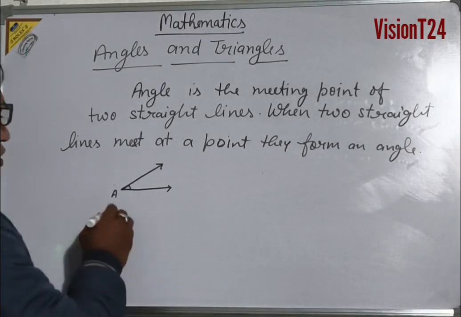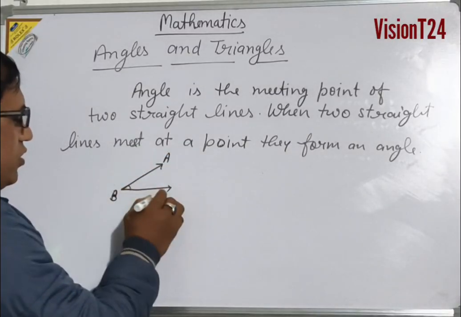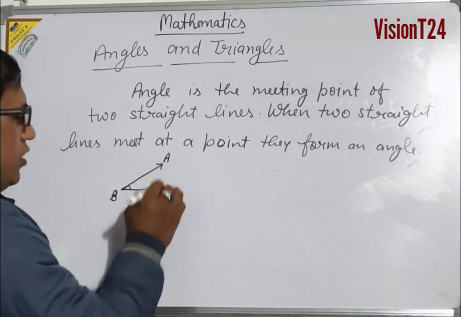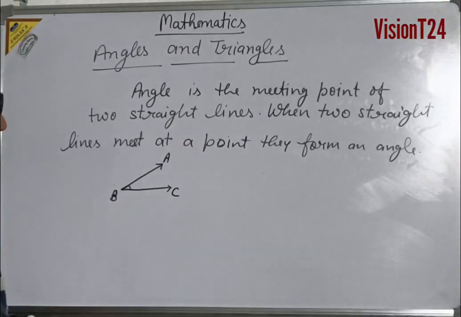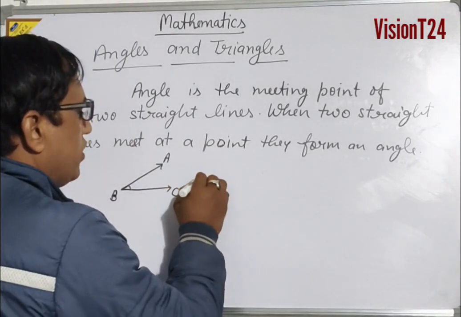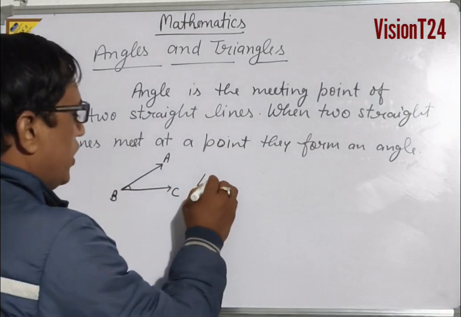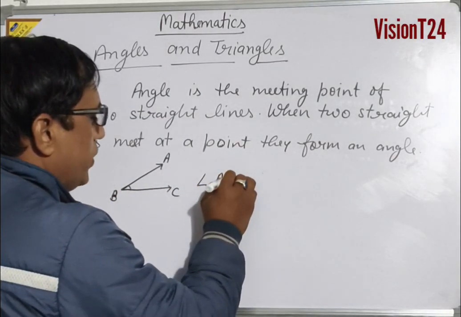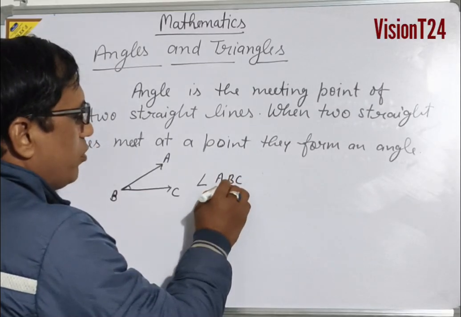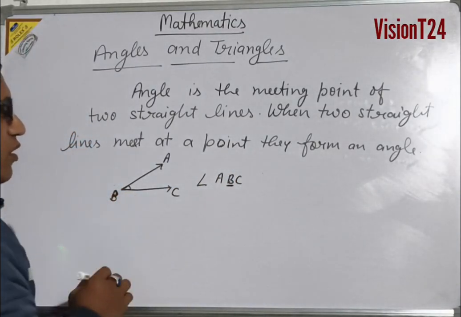And suppose this is B point, this is ray A and this is C. So the name of your angle will be, and angle is denoted by this sign, it will be known as angle ABC. The midpoint of this one denotes the angle.